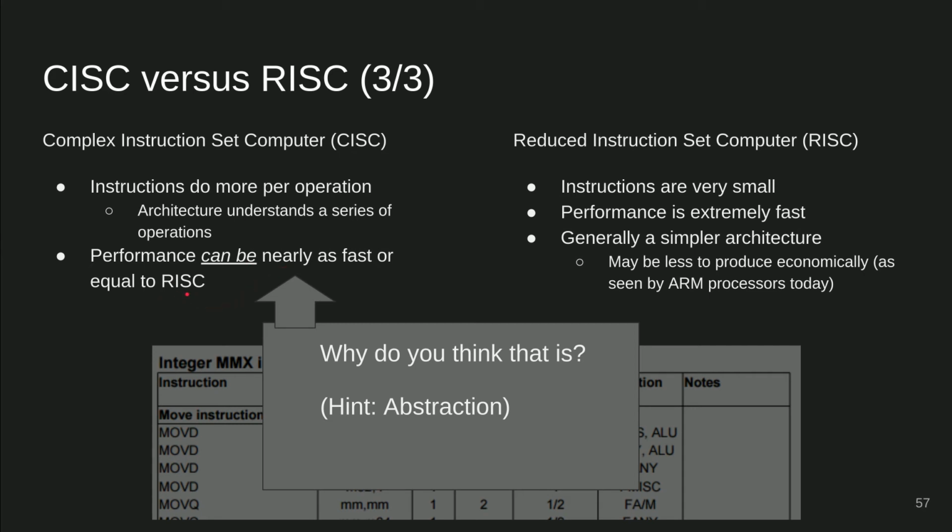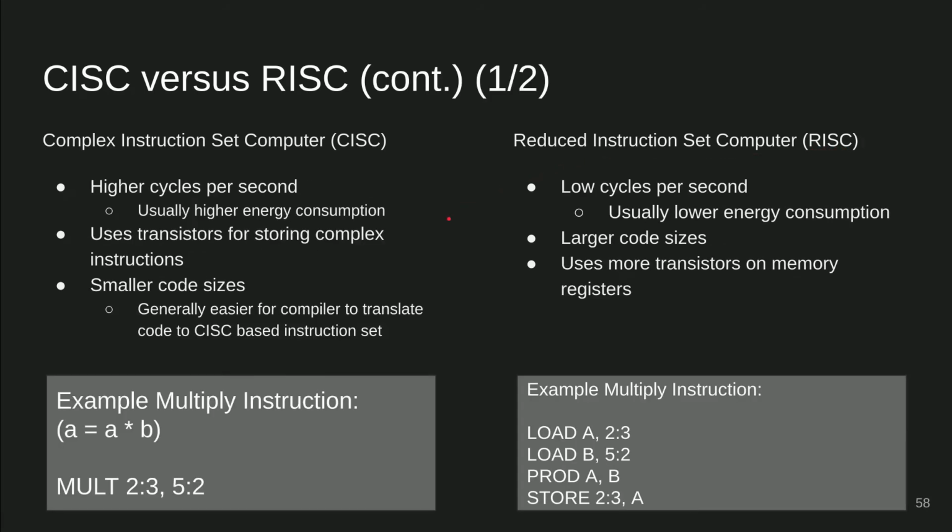Any ideas? I'll let you pause and think about it. If you've unpaused and thought about it, the idea is everything's really RISC at the end of the day, just really simple instructions. There are some other trade-offs with CISC versus RISC, less important for you to know, but I wanted to show the example of a CISC instruction, which might do a multiply and store the value, versus RISC, which is very simple.